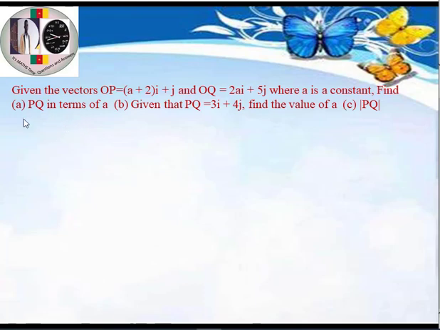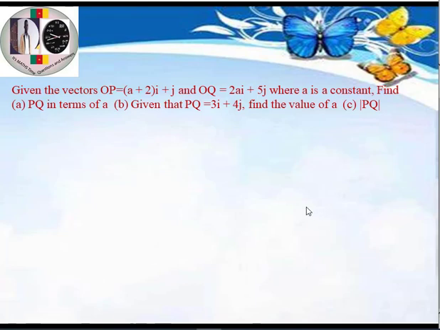So we find the vector that takes us from P to Q in terms of a. Then, if they give us PQ as 3i plus 4j, we use that PQ and the PQ we find in terms of a, to find the value of a. Then lastly, the same way we find the magnitude of PQ.